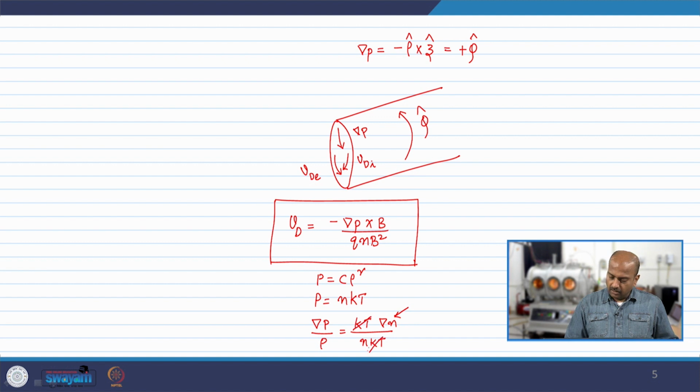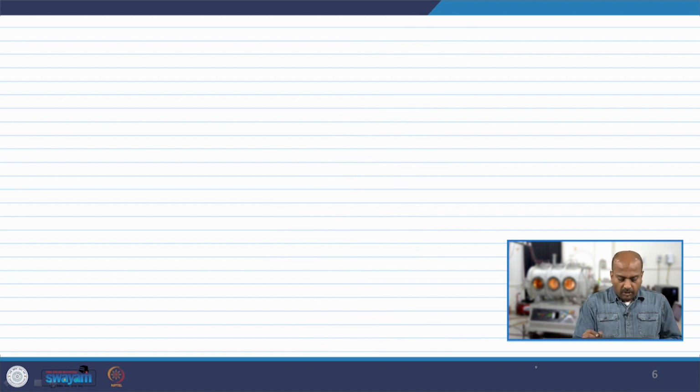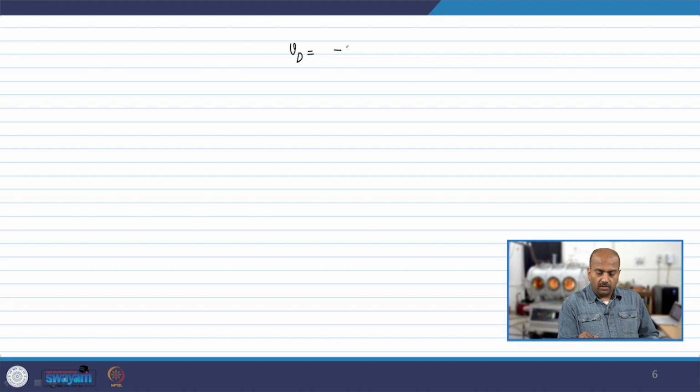So, you can cancel these and you can simply write del P by P is equal to del n by n. So, we can use this in the diamagnetic drift velocity expression. V d is minus k T del n cross B by q n B square.